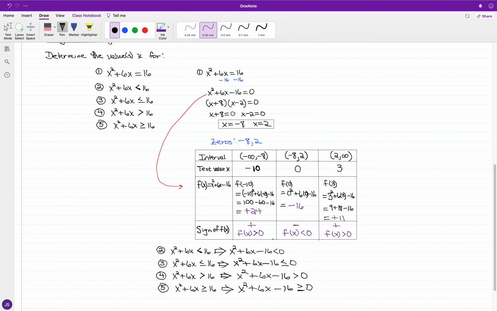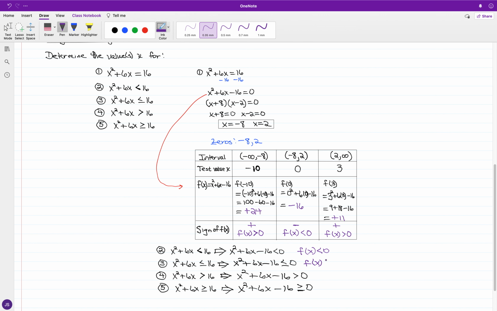Okay, and again, we had x squared plus 6x minus 16 to refer to f of x. So in looking for the solution set, for the statement less than 0, this is going to reference f of x is less than 0.